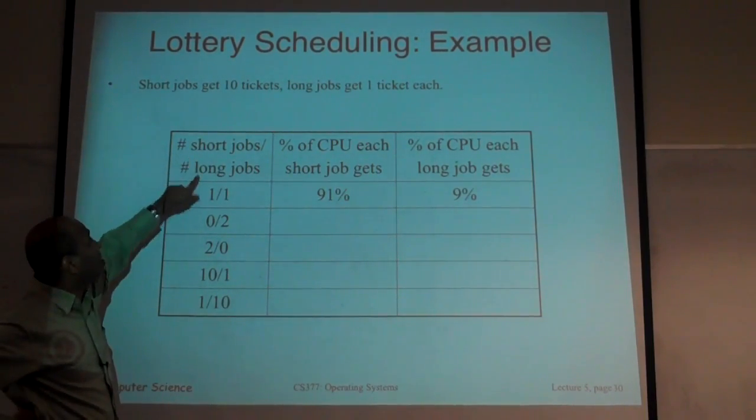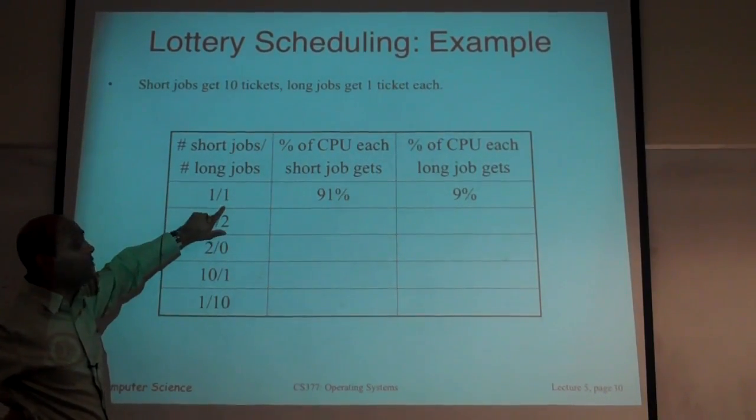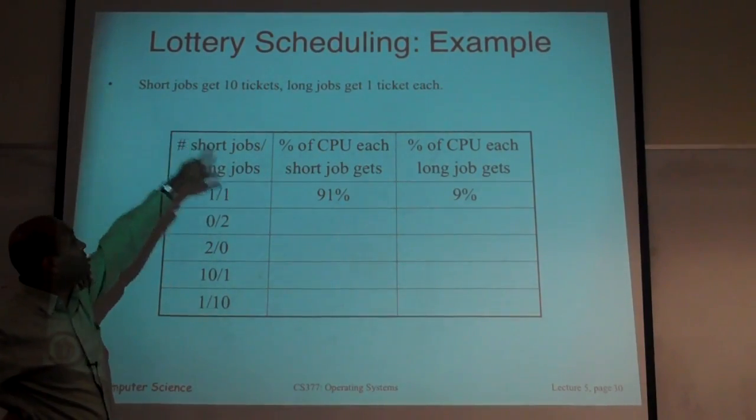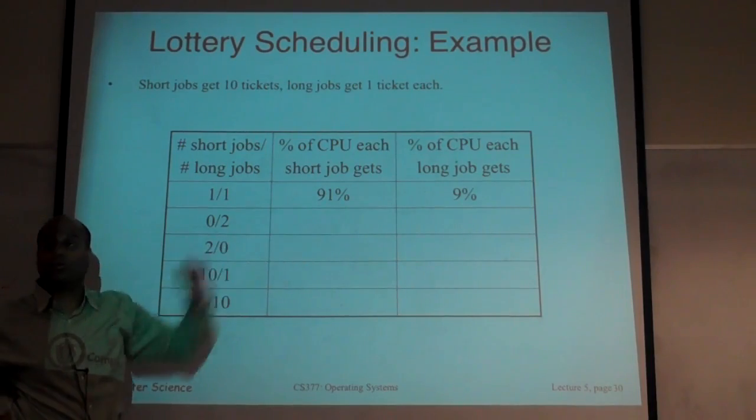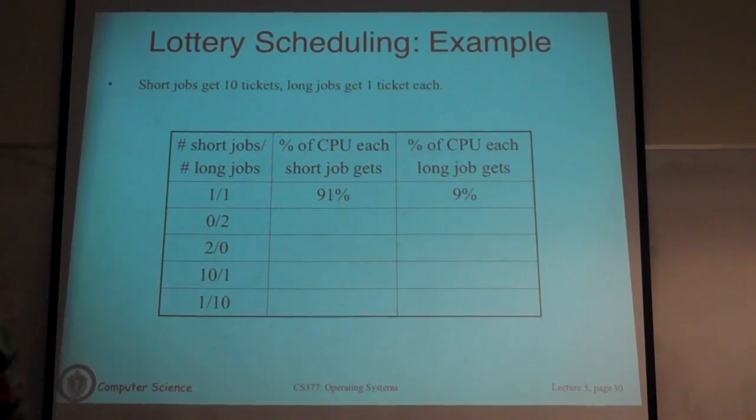So in this case, if you have short jobs and long jobs, and you have one short and one long, okay, the short job is going to get 91% of the CPU, and the other one is going to get 9% of the CPU. Okay, that's simply because the short job is going to win the lottery with this probability, and the long job is going to win the lottery with that probability. 10 over 11 is 91%, 1 over 11 is 9%.